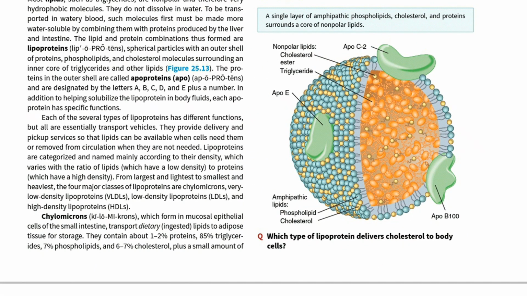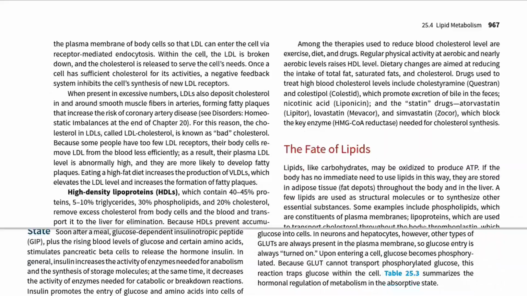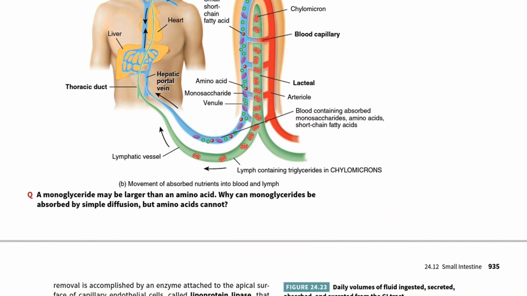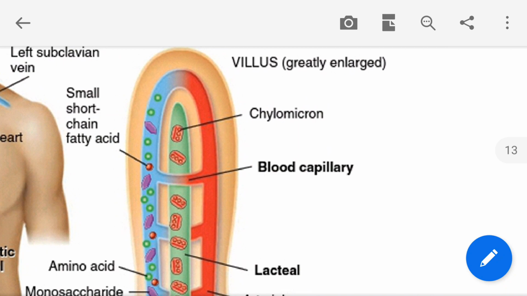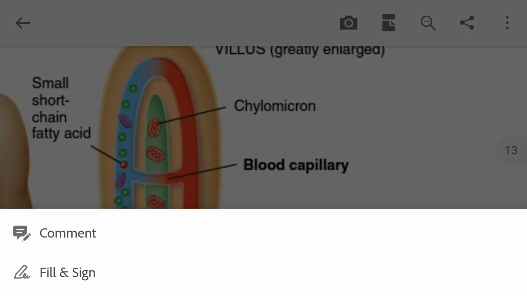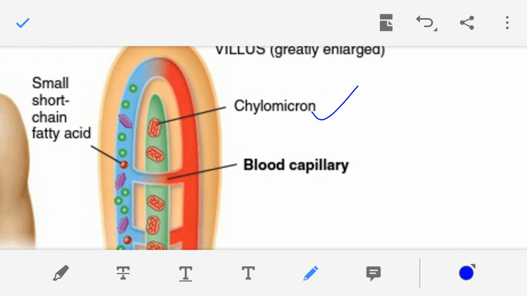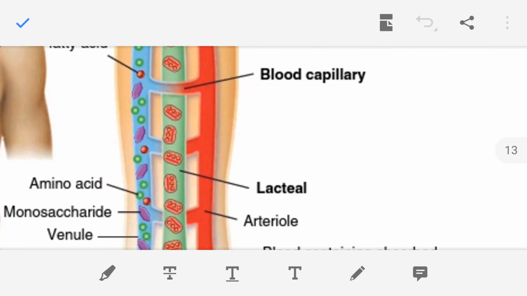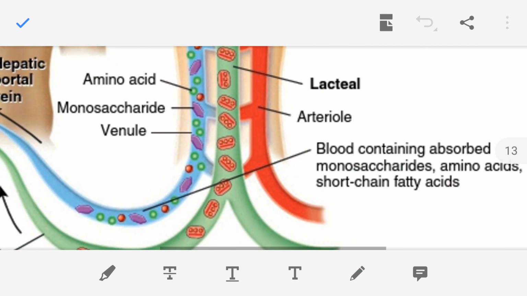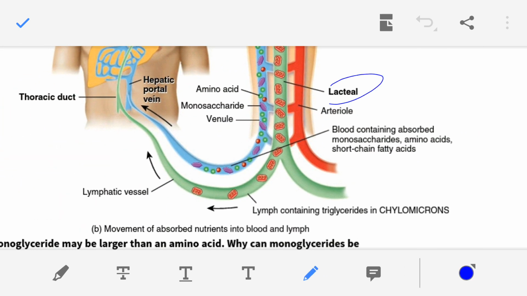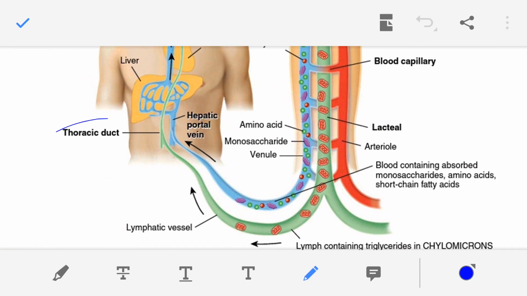So chylomicron. Now we know the chylomicron is in the lacteal. Here in this figure, this is the chylomicron, and this green is the lacteal. Now this lacteal opens into the lymphatic vessel, and the lymphatic vessel opens into the thoracic duct.